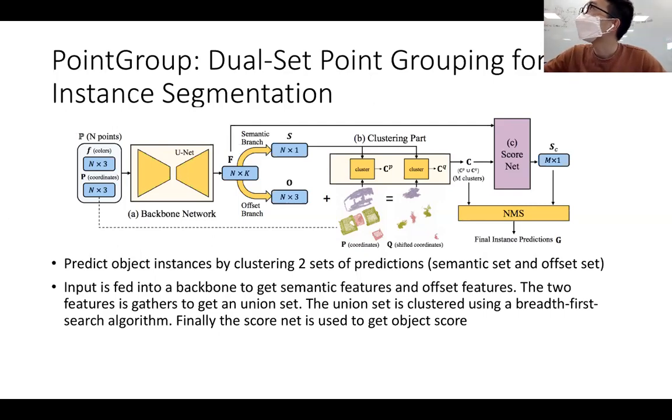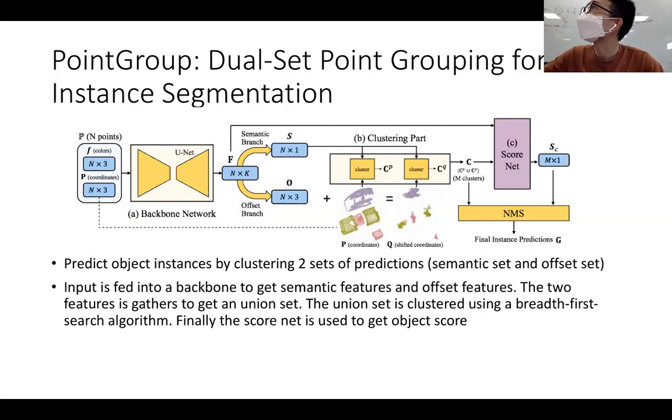So another question here is why use two clusters? What would happen if they used only one? If they use only the semantic branch and you have two chairs too close to each other, it will be difficult to separate them.